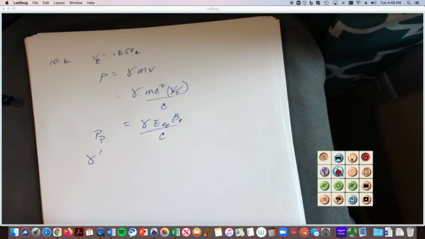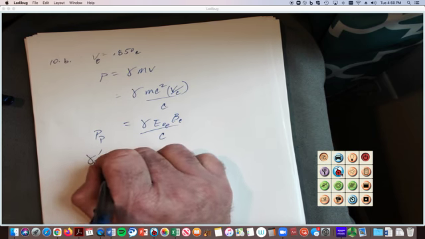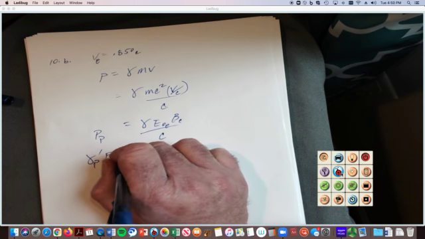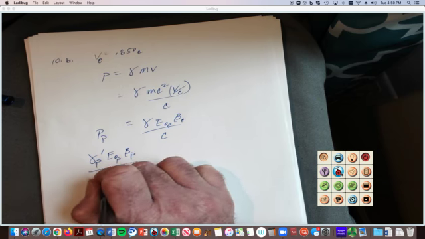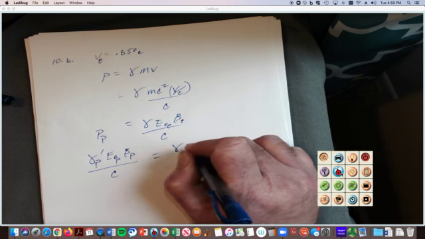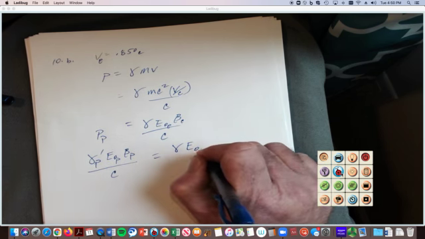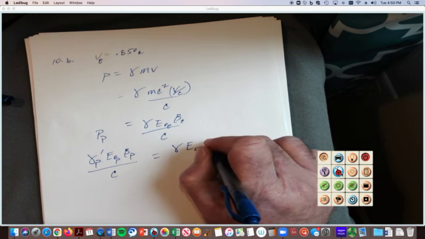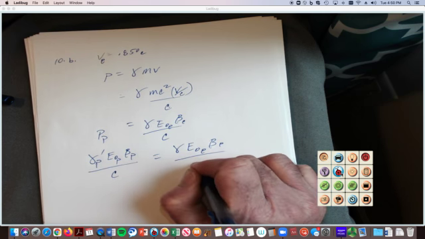We've got gamma of the proton, times E naught of the proton, times beta of the proton over c, is equal to gamma of the electron, E naught of the electron, times beta of the electron over c.